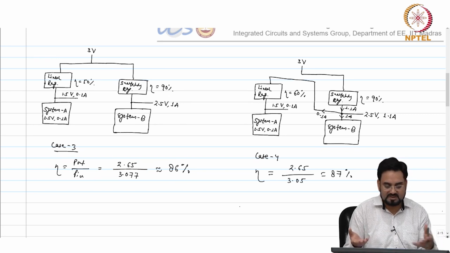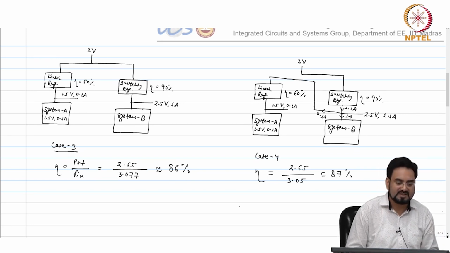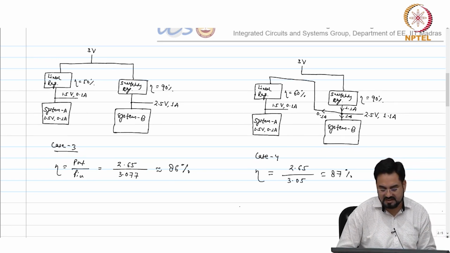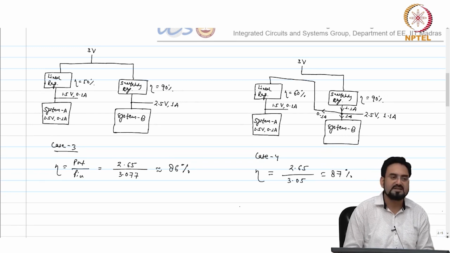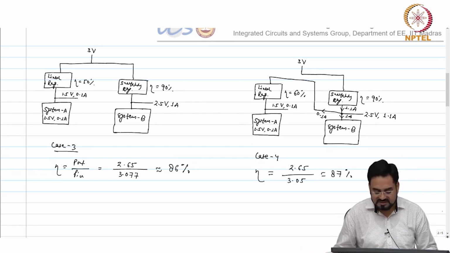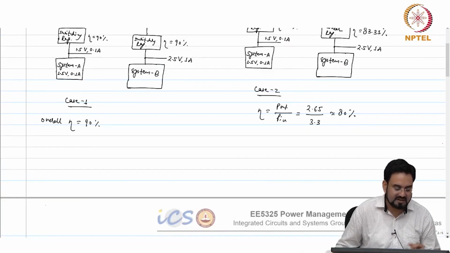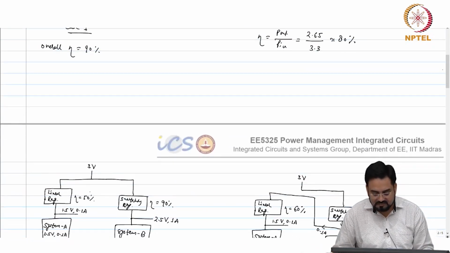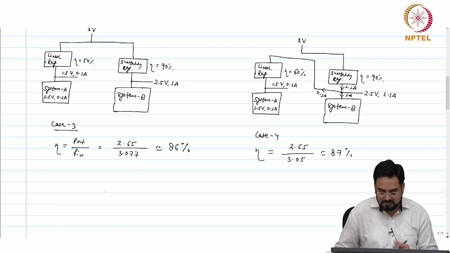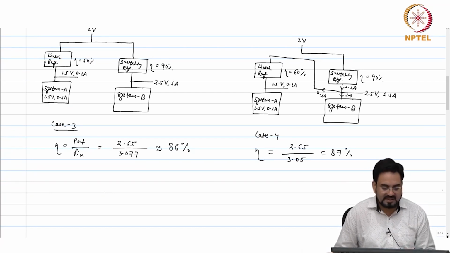Both are using one switching and one linear. So in terms of cost, there will be hardly any difference, but we are able to achieve 1% more efficiency, which is getting us closer to both switching regulators, which gives 90%. So that is how we decide where to use switching and where to use linear regulator.